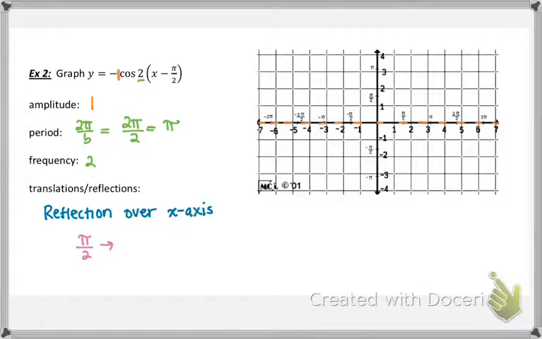And my high point and my low point is going to be up at 1 and down at -1, so that doesn't change. What I have to consider here is because I have a phase shift, I'm sliding my whole function to the right pi over 2, so I'm not going to start at 0 anymore. I'm going to start at pi over 2, which is right here.